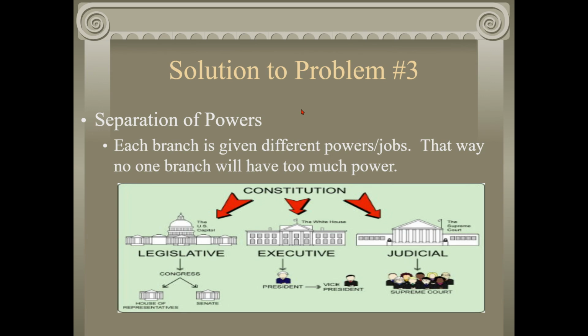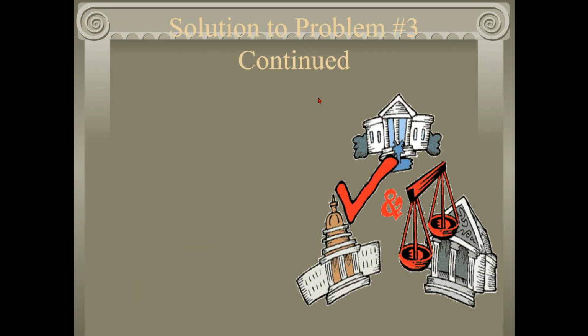And so the legislative branch can't just go to war with someone. The president can't just go to war with France without the approval of the legislative branch. The powers are divided. They need each other to do things. And then the last one is this idea of checks and balances.